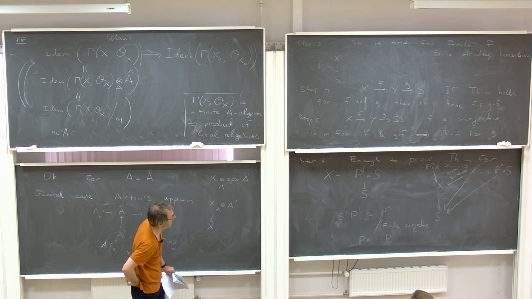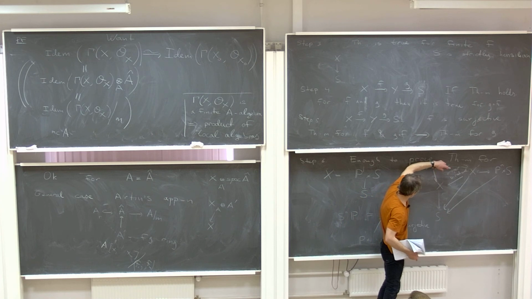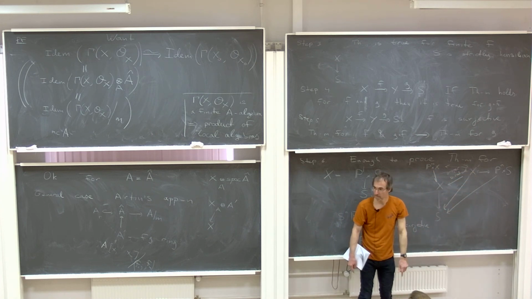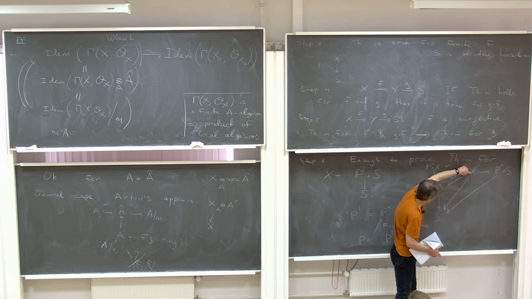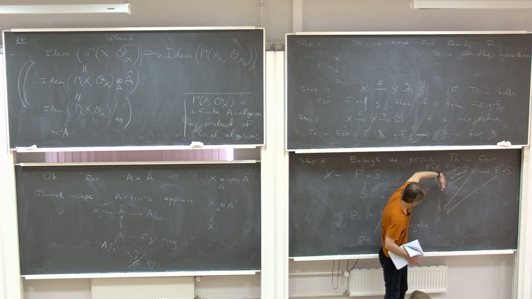Okay? So by a similar argument, we know the theorem for this map. So now we know the theorem for this composition, and this is surjective. So we know it for this.